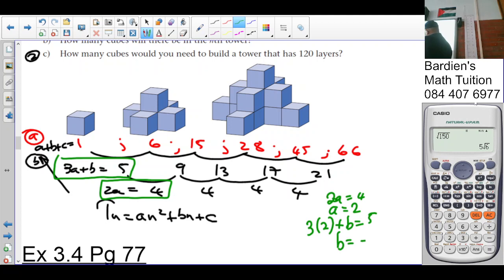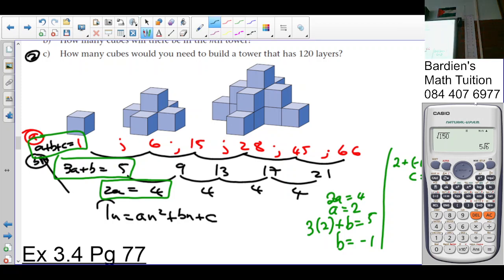So b is equal to negative 1. Then we know that a plus b plus c is 1. So a is 2, plus b, which is negative 1, plus c is equal to 1. So c is going to be 0.